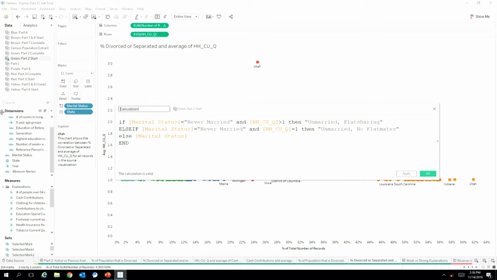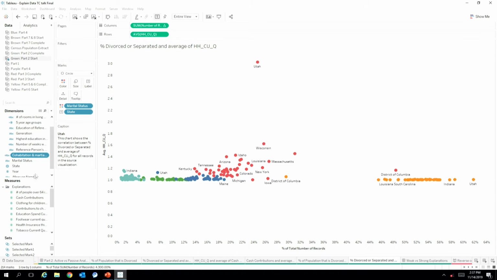So this is now some kind of conditional breakdown of cohabitation and marital status. And if I were to look at this scatter plot again, breaking down the data by my new calculation, there we go. So let me just color by this instead.